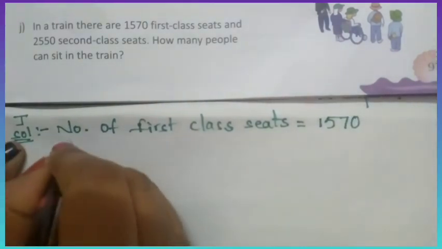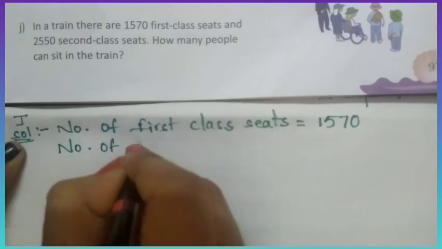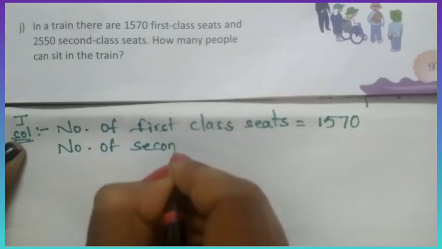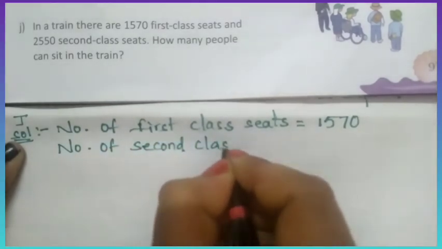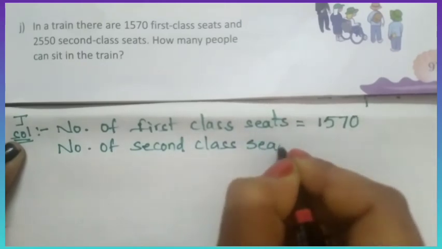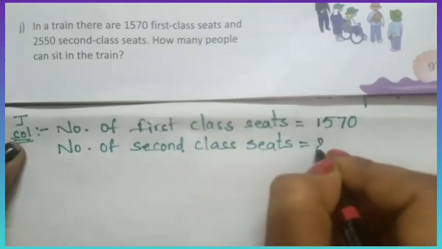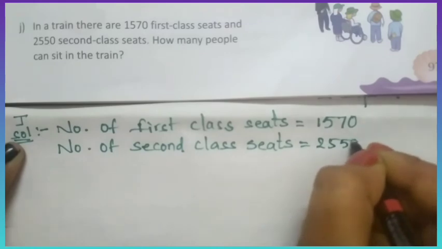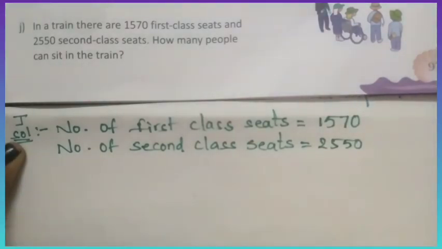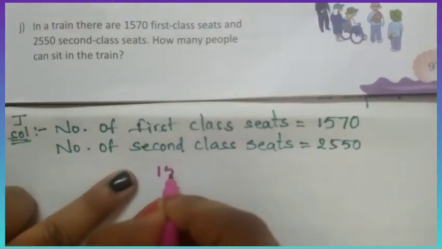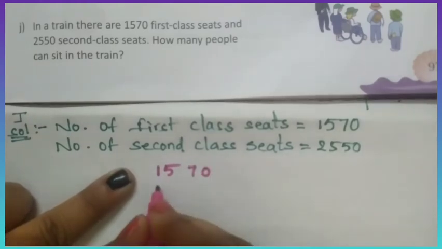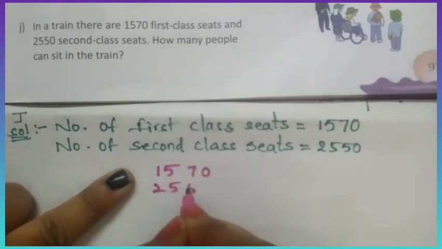Now number of second class seats, 2550. Now we'll add these two, 1570 and 2550.